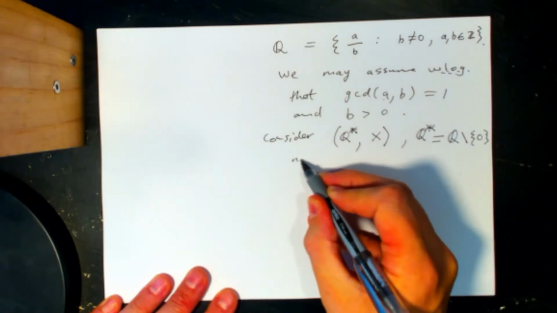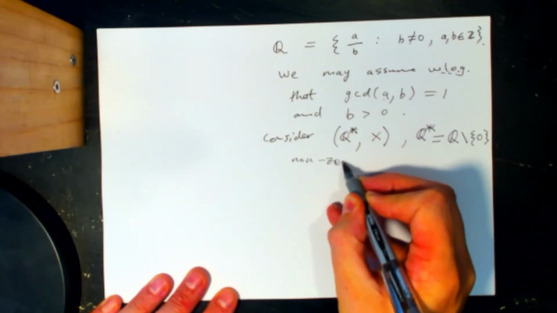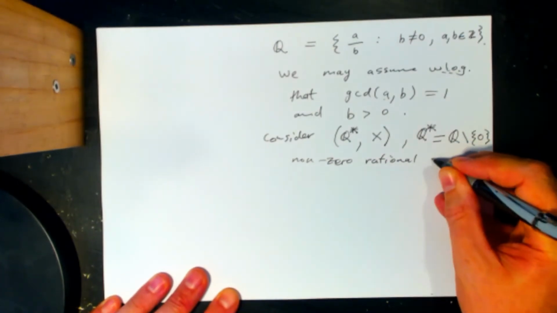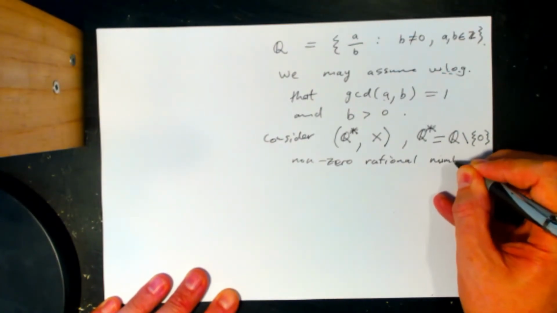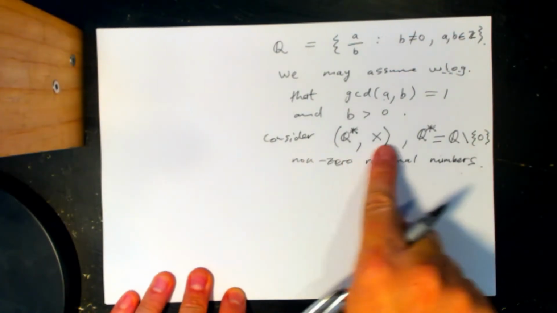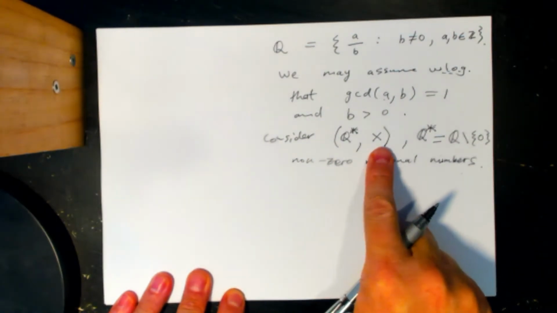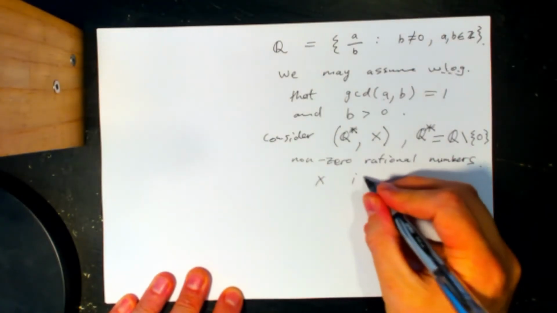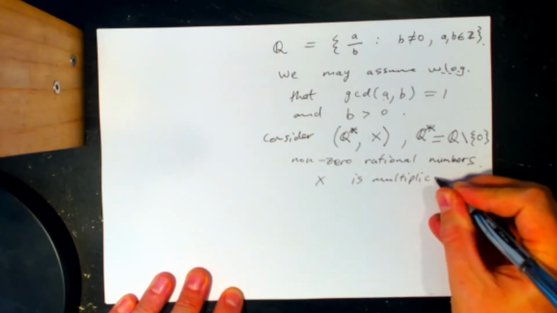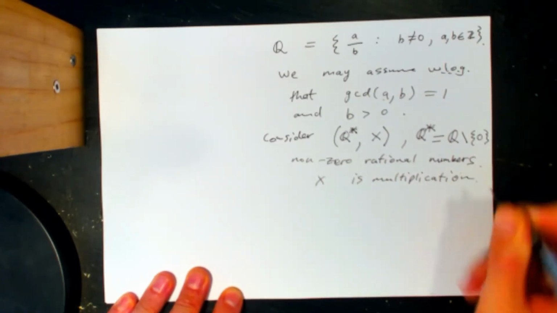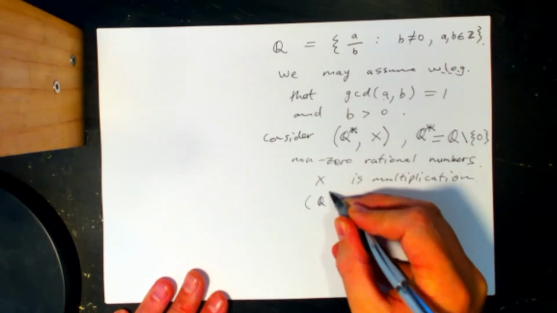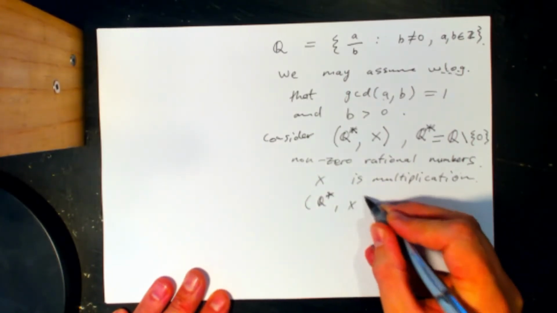So that is non-zero rational numbers. Okay, so we're considering this set together with this. So this is multiplication. Okay, we claim that this is a group.